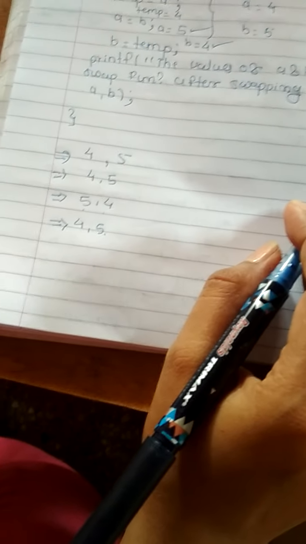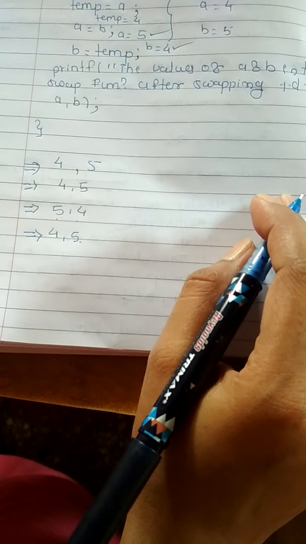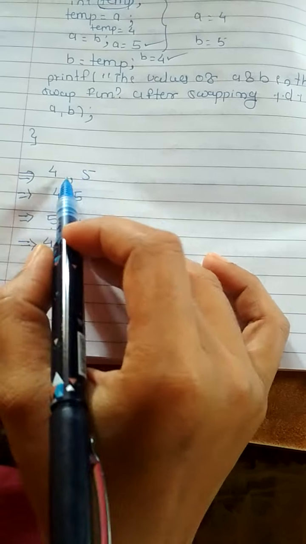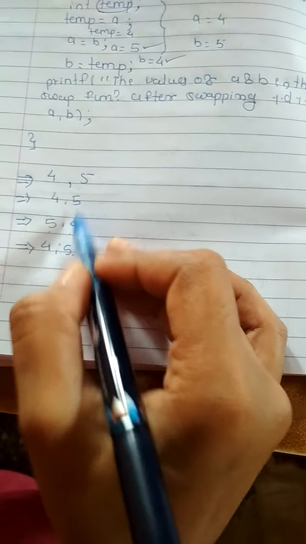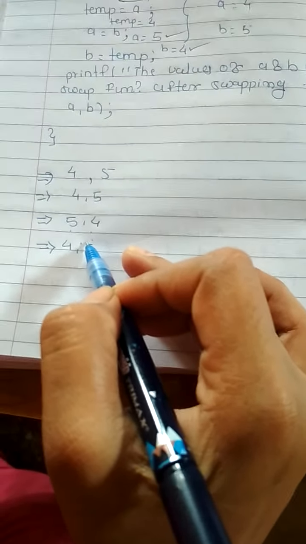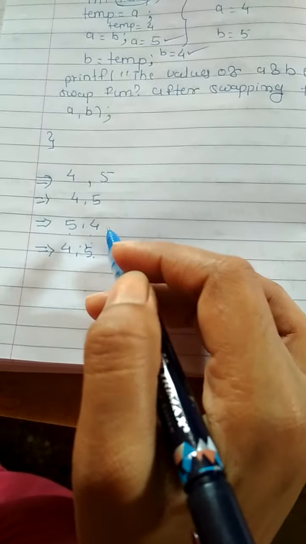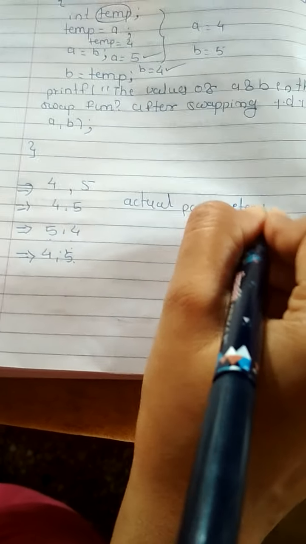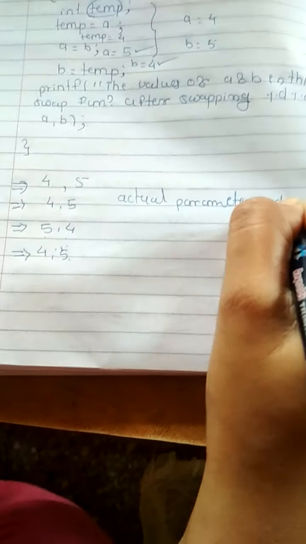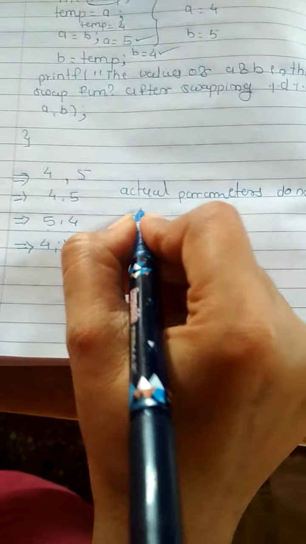Before calling the function and after coming back from the function, the values of actual parameters a and b in the main function remain the same. In this program, actual parameters do not get their values changed.